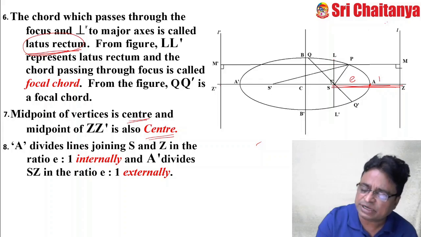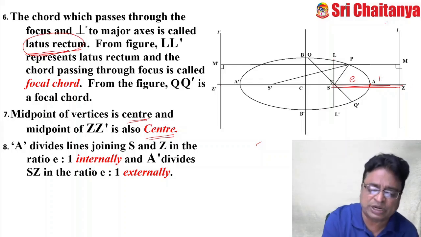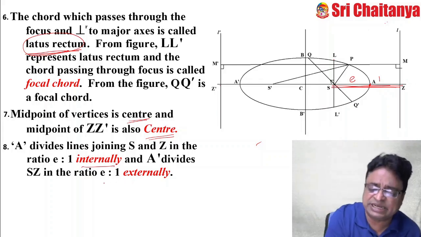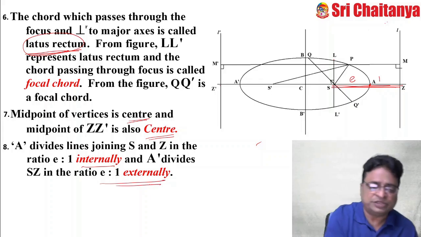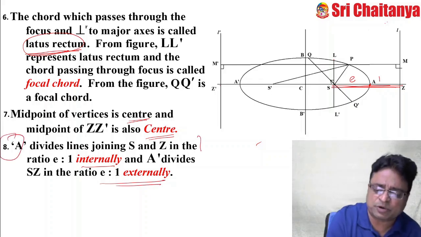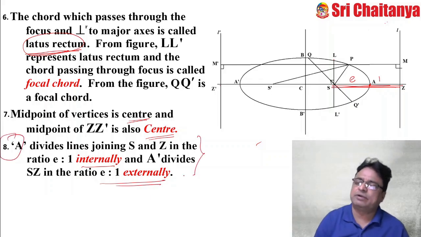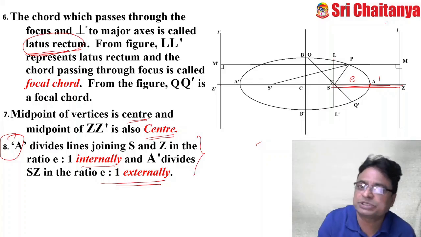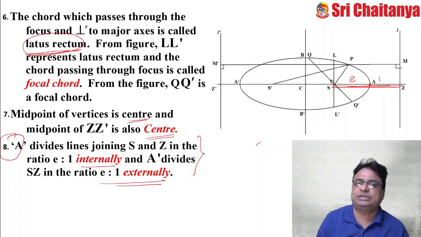Always A, the vertex, divides the line segment joining S and Z in the ratio E is to 1 internally, and A dash divides SZ in the ratio E is to 1 externally. This is also a costly point. We may expect very good questions based on this information, so please practice questions based on this 8th point.